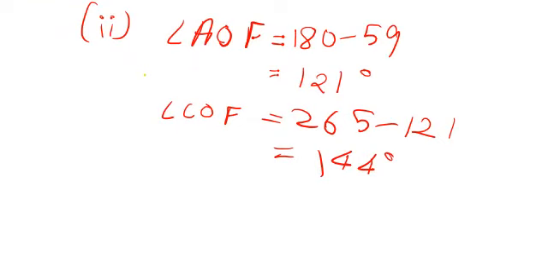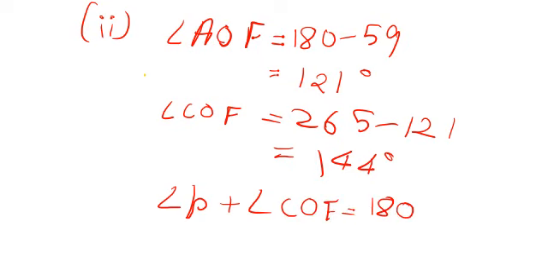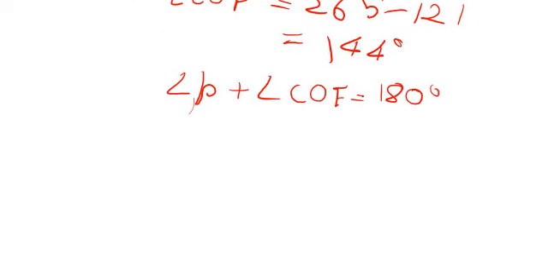Now the final step: angle P plus angle COF equals 180 degrees, because the co-interior angles are supplementary. So we can write this as angle P equals 180, and this plus changes to minus angle COF.